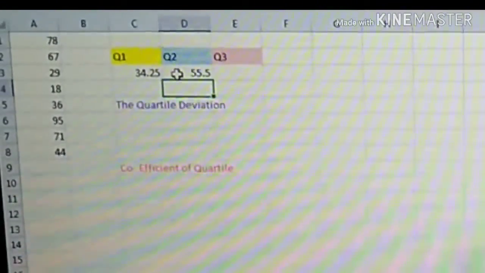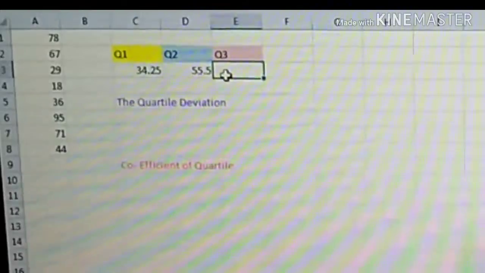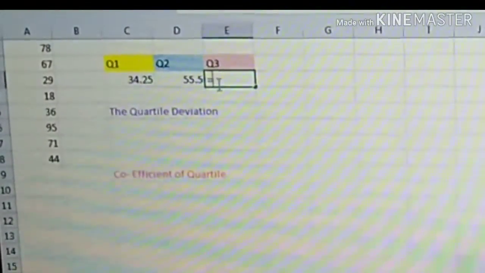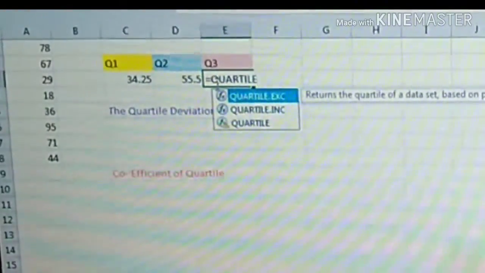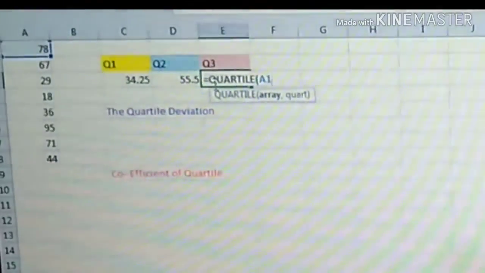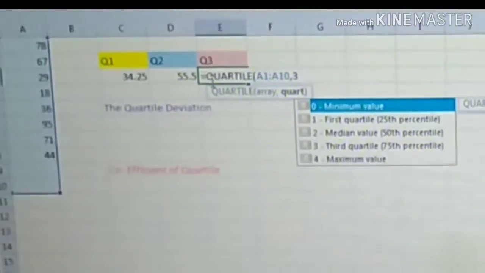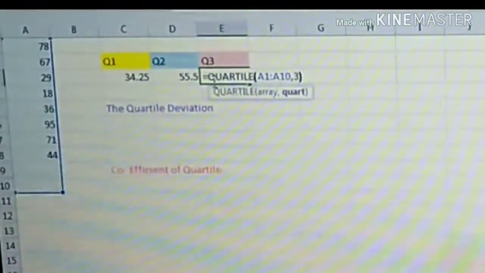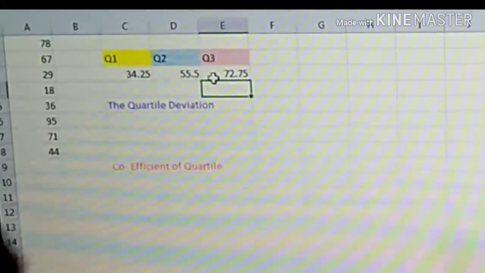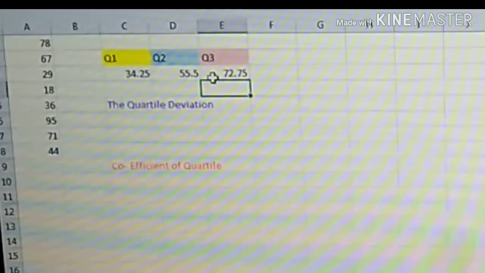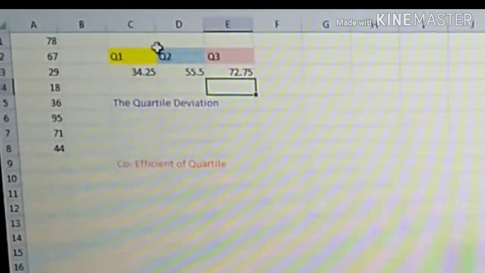That would be 55.5. Next, quartile 3: equals QUARTILE, open parenthesis, A1 to A10, comma 3, then close, then enter. So, that would be quartile 1, quartile 2, and quartile 3.